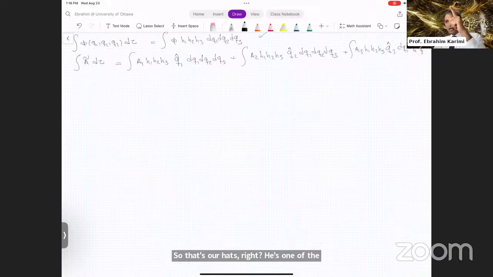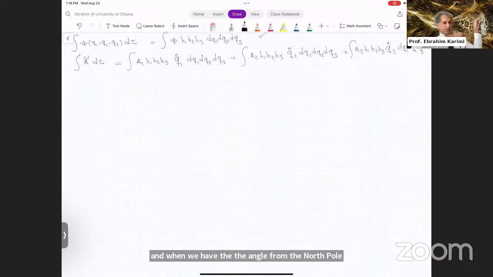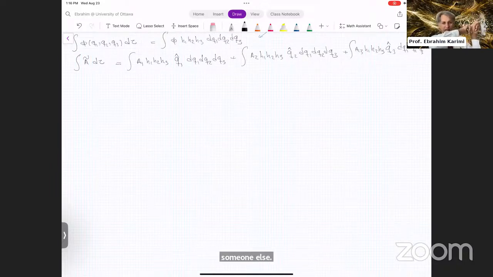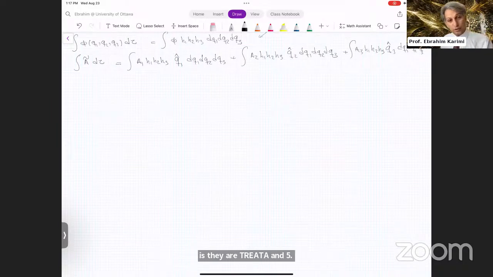When we talk about it, we have three parameters: r, the distance from the origin of the sphere, then phi, the orientation, and theta, the angle from the North Pole. Then I'm moving r hat, pointing somewhere else, and you will see that r hat is moving as well. So r hat is not constant with respect to Q2 and Q3, which are theta and phi. In general, they can be a function of Q2 and Q3.